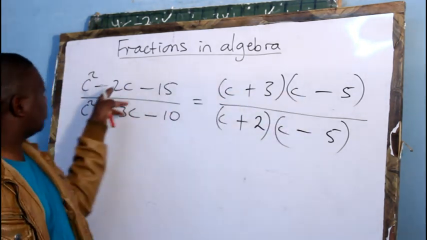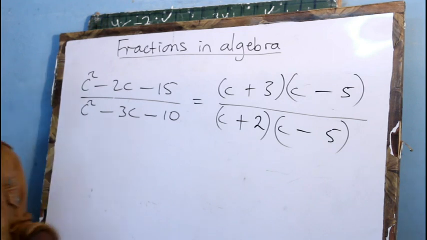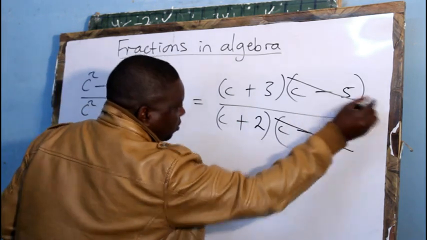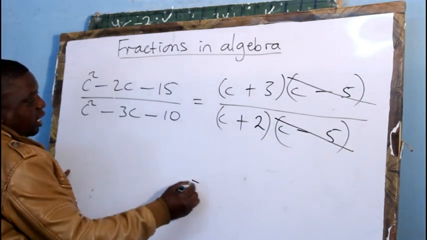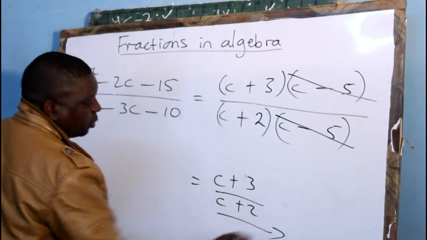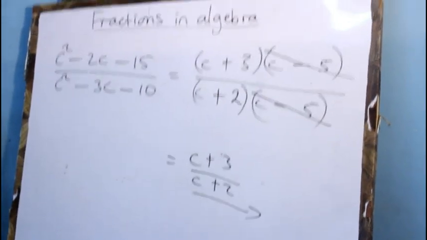These are the factors for the numerator, and these are the factors for the denominator. Then the common factors: c minus 5. So we are left with c plus 3 over c plus 2.